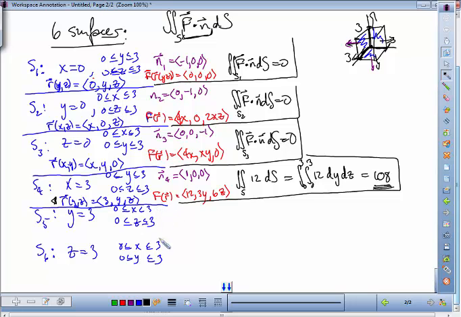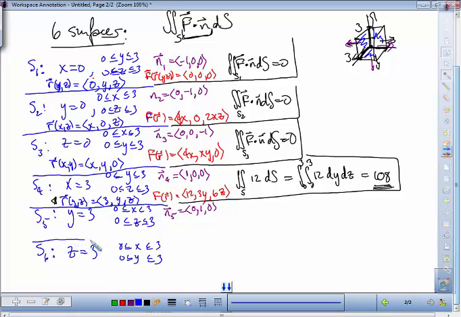Let's see what we get for the others. This one, y is equal to 3. Which side is that? That's the right side of your cube going in the positive y direction. So n5 is 0, positive 1, 0. That gives your outward orientation.